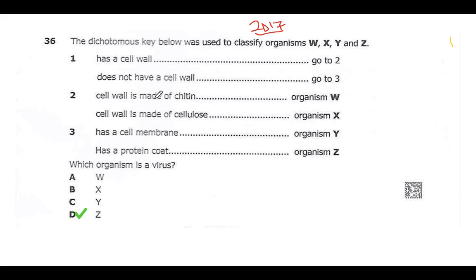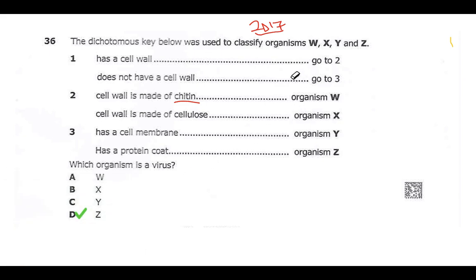Then 2, cell wall is made of chitin. The organisms that have chitin in their bodies are arthropods. An arthropod is the one that has chitin in the body; its exoskeleton or cell wall is made up of chitin material. So that is an arthropod.